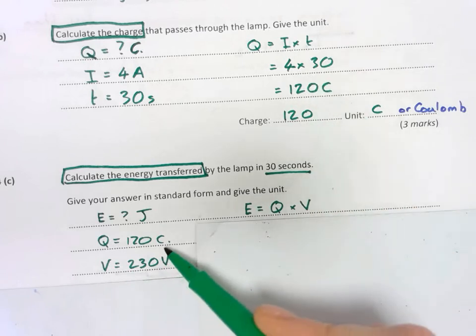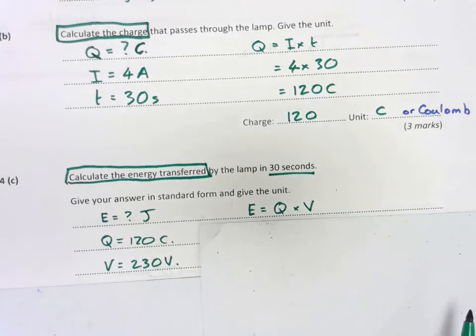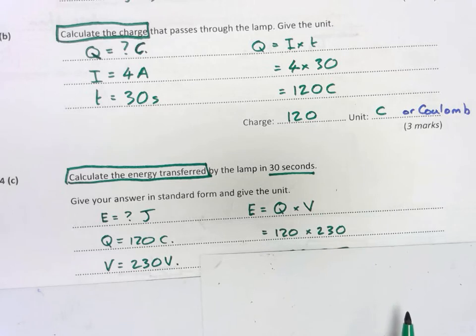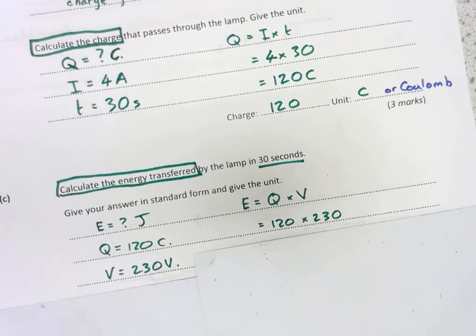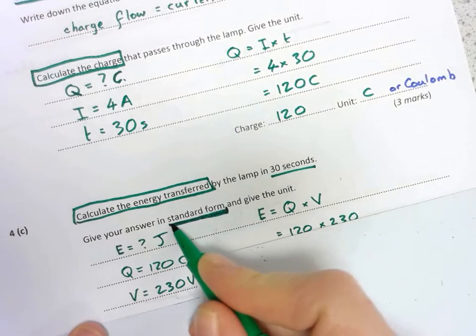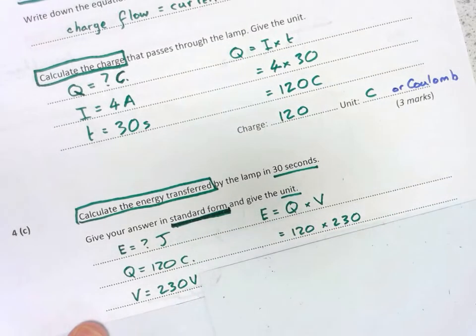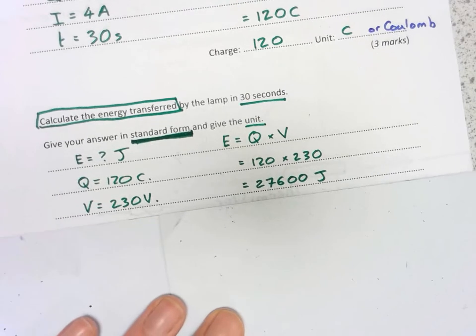So we can just use 120 coulombs for Q, 230 volts for V. Substituting into your formula gives you 120 times 230, and it does specifically say give your answer in standard form and give the unit. So that gives you 27,600 joules.